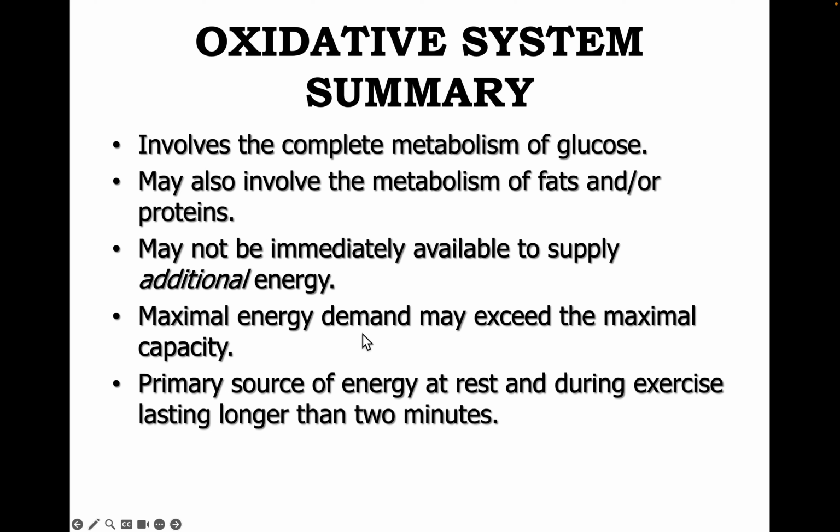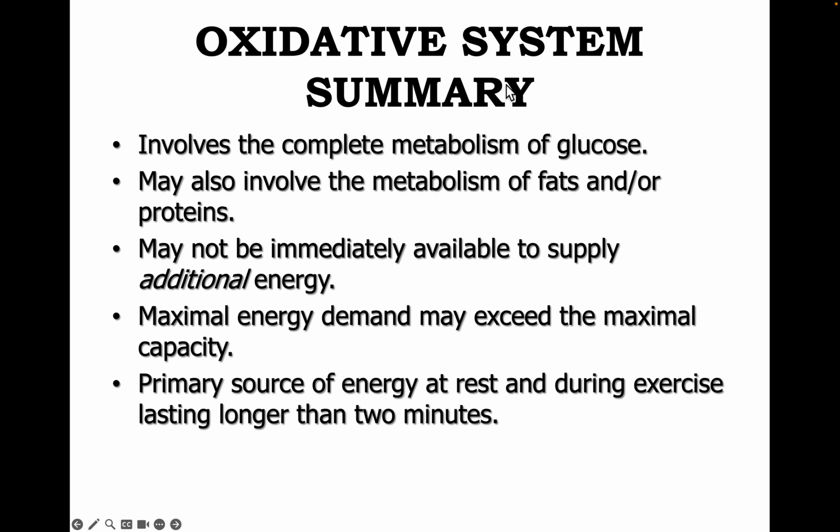So, for example, if I sprint very fast for a minute, the amount of energy needed to sprint as fast as I can for a minute will exceed the amount of energy that the oxidative system can provide. It needs too much ATP too quickly.